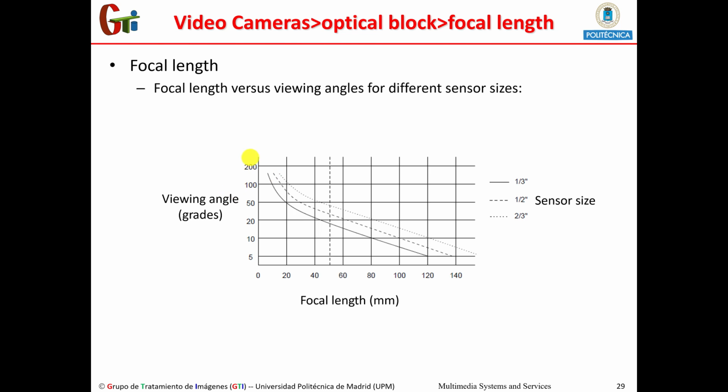This viewing angle can be further increased beyond 180 degrees with other special lenses or with the combination of different camera sensors to produce a whole panoramic or a 360 degrees acquisition.